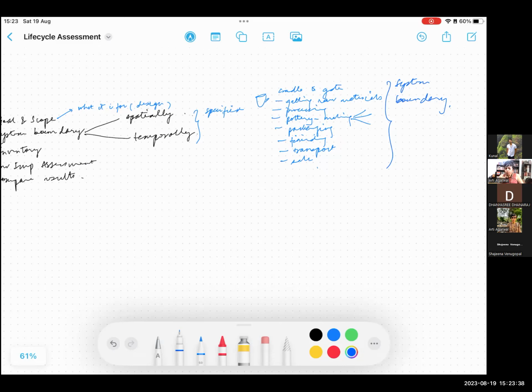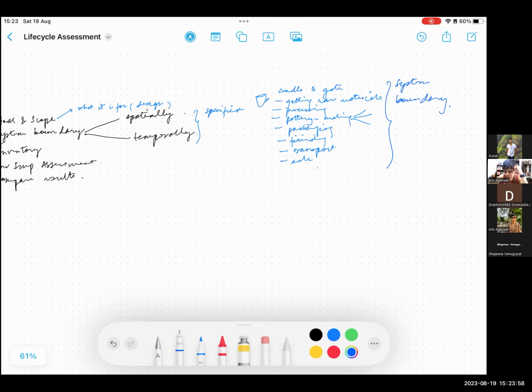Okay. So that decision is up to you. There's no good or bad or right or wrong in it. Even after defining, say, cradle to gate, these decisions are still up to the person who's doing the LCA. But you have to define it. You have to detail it.